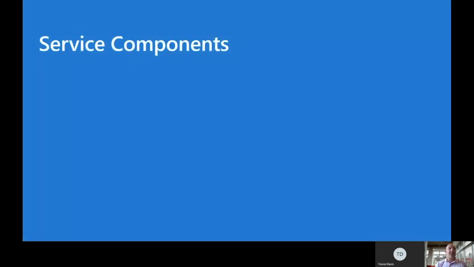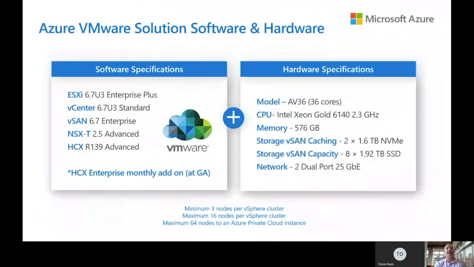So what are the service components? Let's dive a little bit deeper into what this solution actually is. At the moment of this presentation, we have 6.7U3 of ESX, vCenter 6.7 Enterprise, vSAN 2.5 Advanced, NSX-T Advanced, and HCX R131 Advanced.